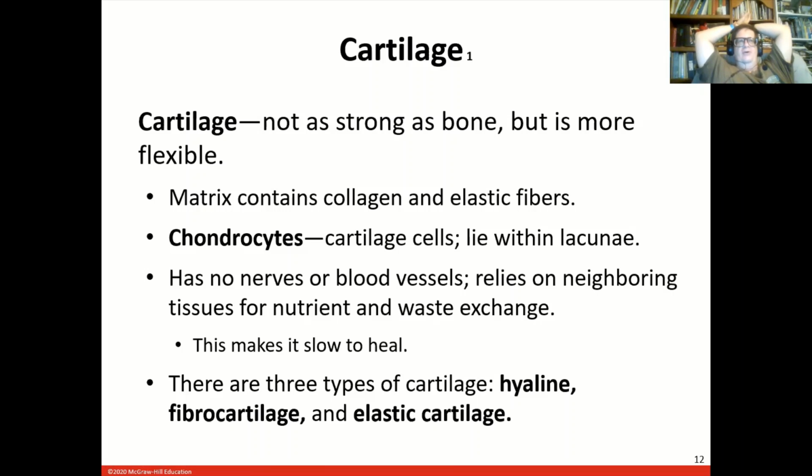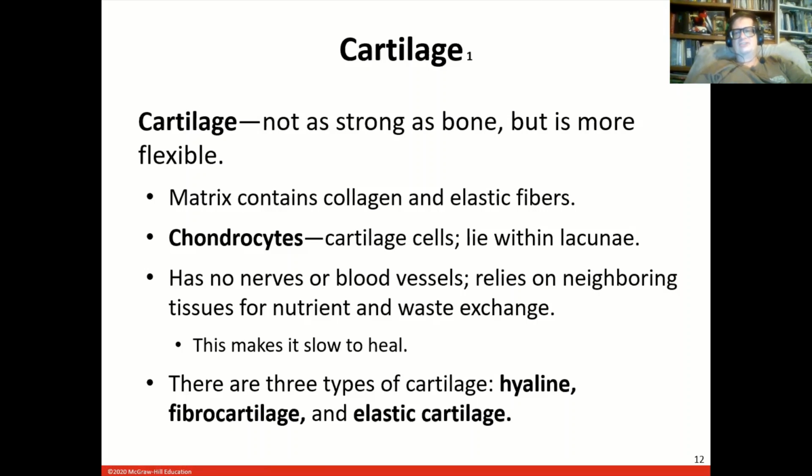Just like in the bones, we call the bone cells osteocytes, we're calling the cartilage cells chondrocytes, and they are in lacunae the same way. Cartilage doesn't have nerves or blood vessels, and it gets nutrients from the stuff around it. That makes it super hard to heal, and I'll add to that, super difficult at recovering from an infection.